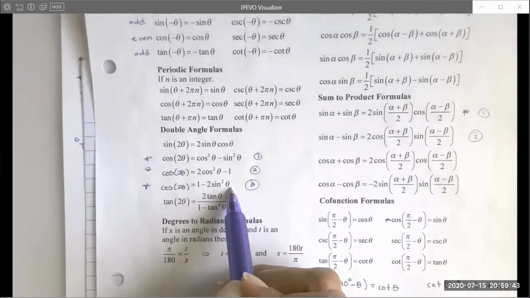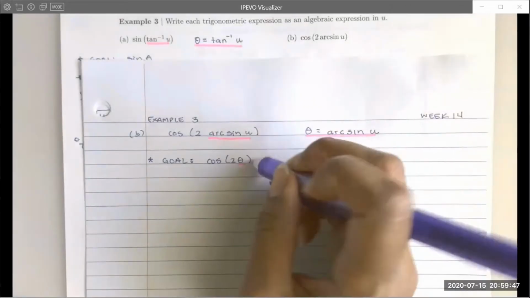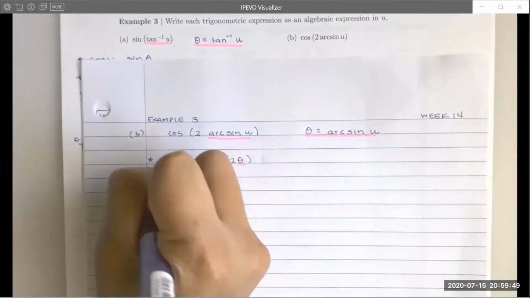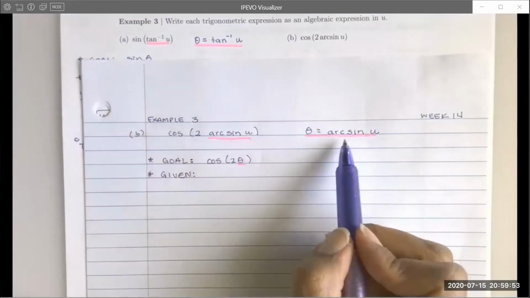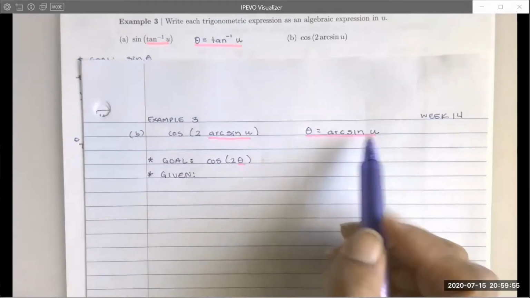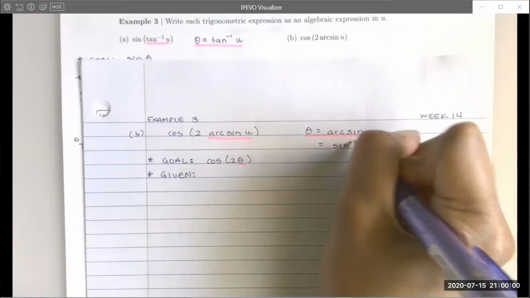lives so much easier. Specifically, before I even pick which one I'm going to work for in the goal, let's take a look at the given. Under this definition, theta is equal to arc sine of u. Remember, that just simply means it's equal to sine inverse of u.